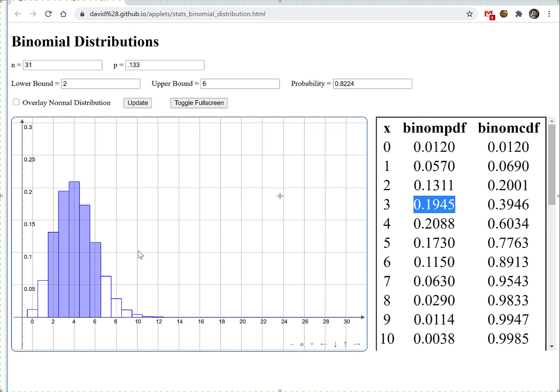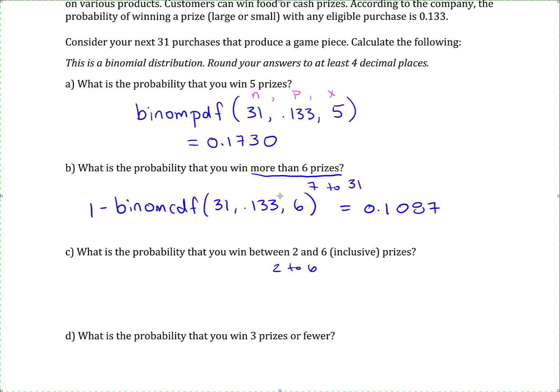That's getting kind of tricky. I think the easiest way would be to get binomcdf up to and including 6, so the sum of all of these blue bars and white bars here, and then subtract binomcdf of this smaller group down here, just up to 1. I think that's the approach I'll use on the calculator.